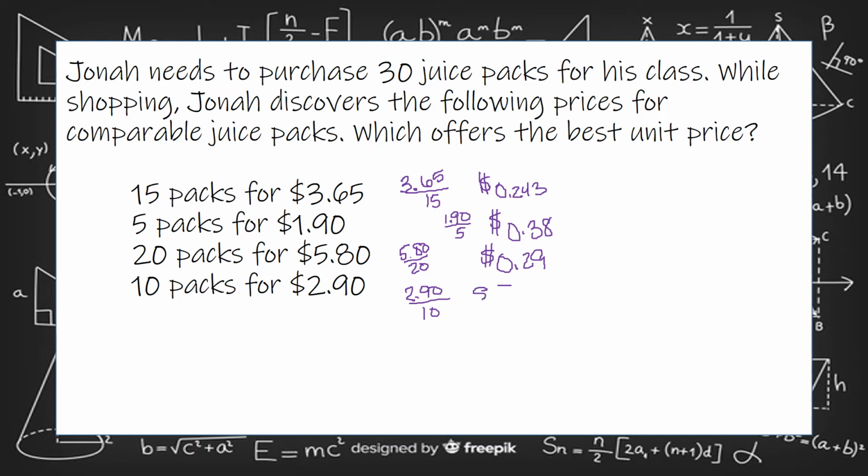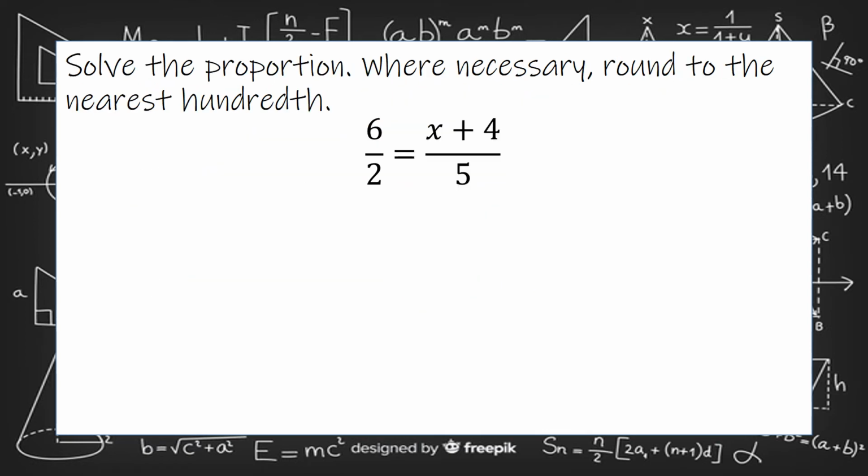Those are each 38 cents. Then you've got $5.80 divided by 20. Those are 29 cents each. And the last one, $2.90 divided by 10, is also 29 cents each. So which one offers the best unit price?